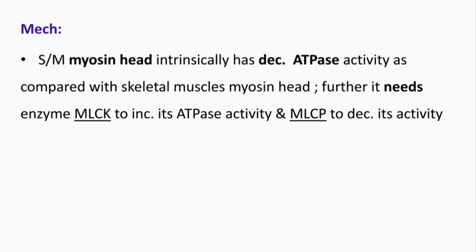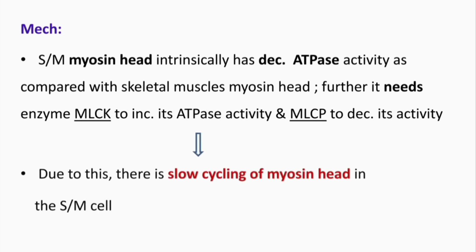Further, the smooth muscle myosin head also needs the enzyme MLCK, myosin light chain kinase, to increase its activity, and MLCP, myosin light chain phosphatase, to decrease its activity. Due to this, there is slow cycling of the myosin head in the smooth muscle cell. Now, this produces three effects.